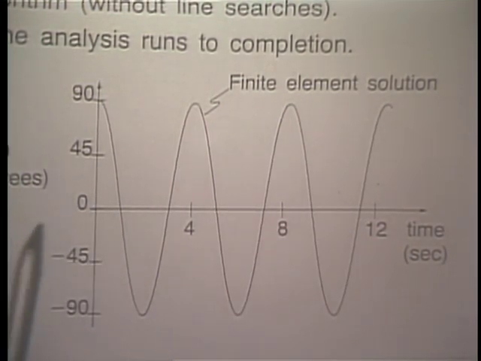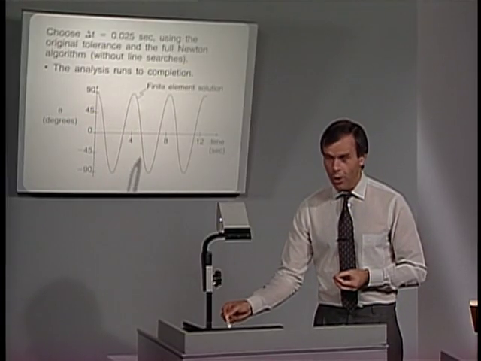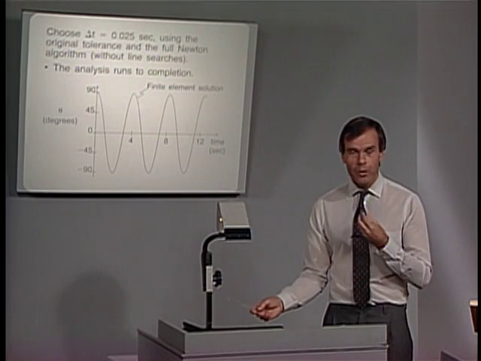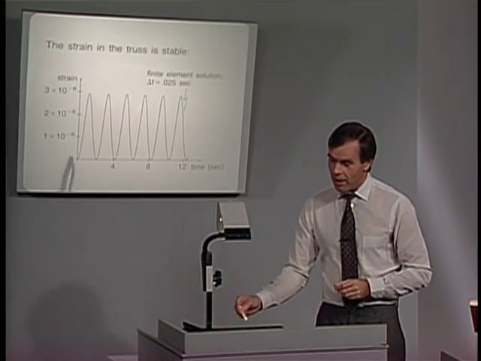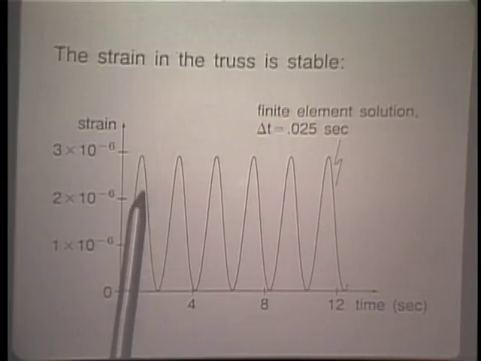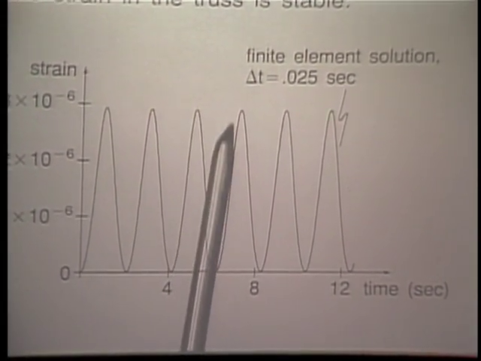Of course, even with the larger time step, we got a smooth solution for theta. What really told us about the instability in the solution was our look at the strain in the truss. So we look now also at this strain, and in this particular case, with this time step, we see a smooth solution for the strain.